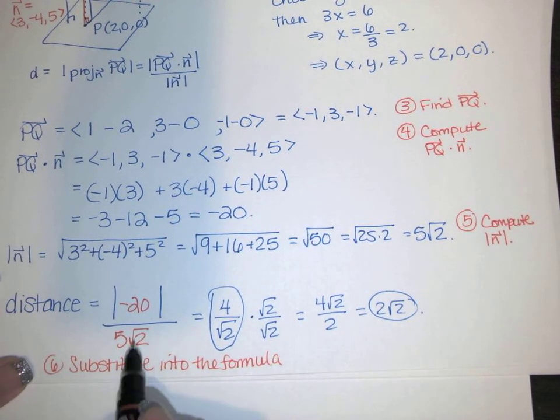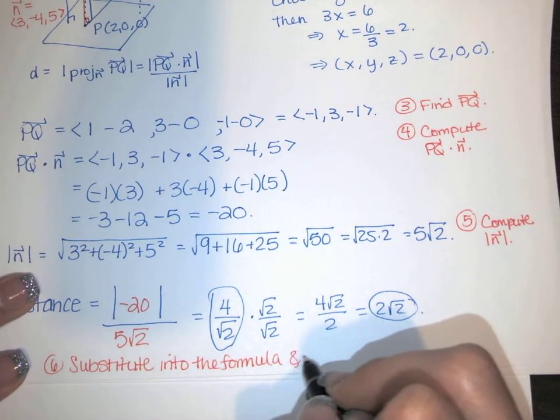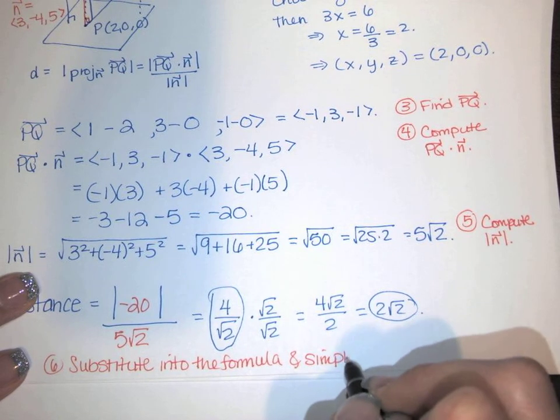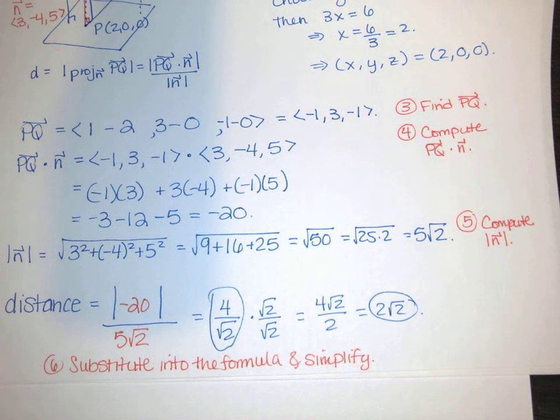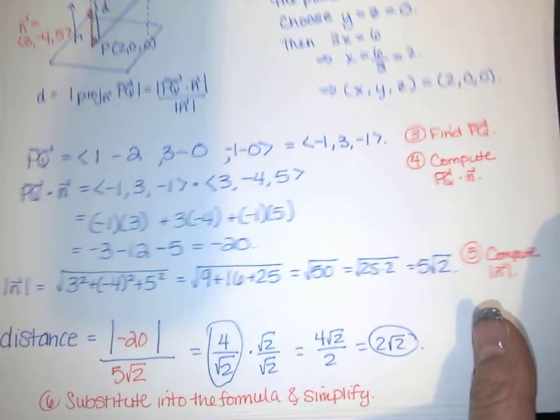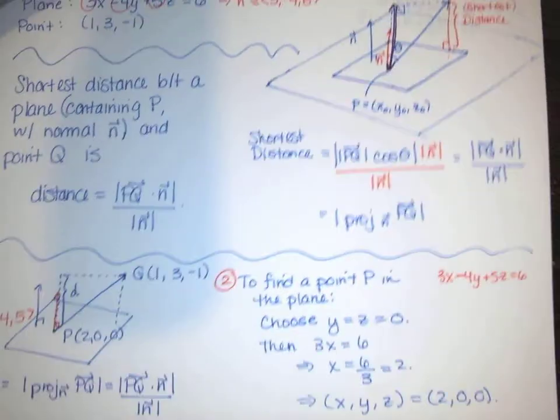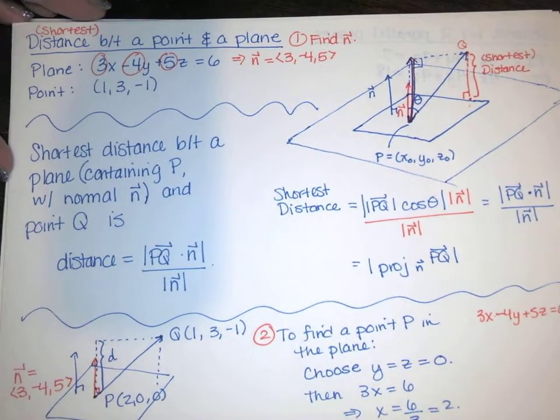And in the denominator, we've got the length of N. So we substitute, we simplify, and we're here. Alright, so that's how we find the distance between a point and a plane.